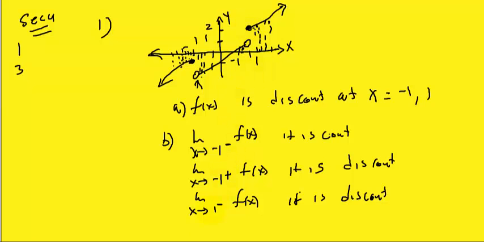Yep, that means it's continuous from the right at 1. So limit as x goes to 1 from the right side of f of x is continuous. Right. That is it for 1.